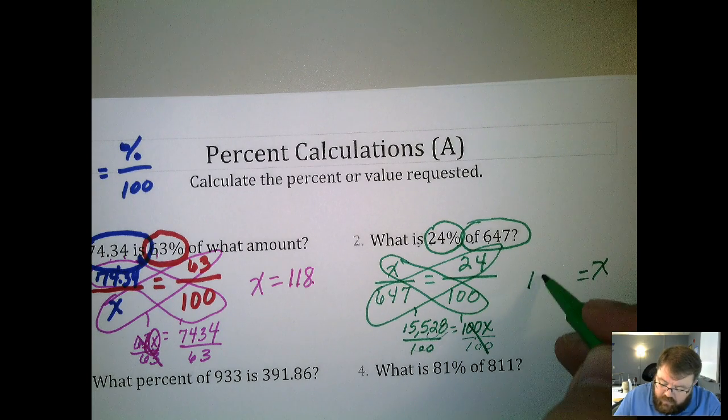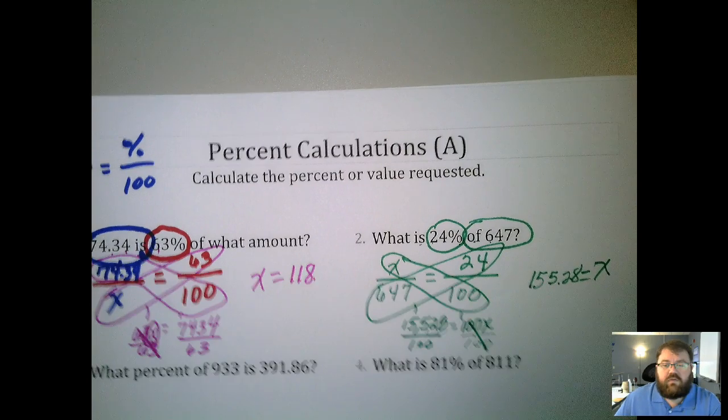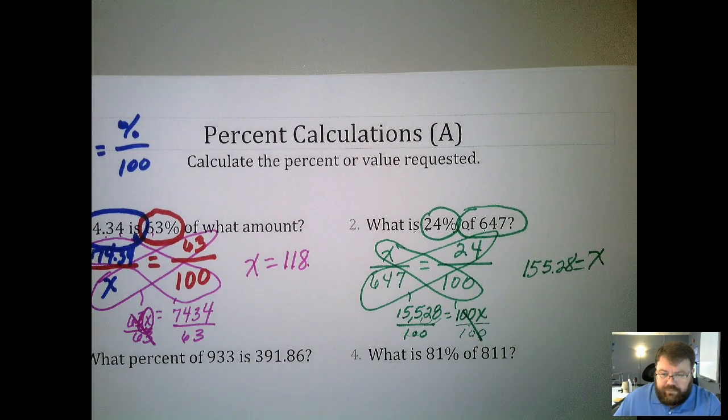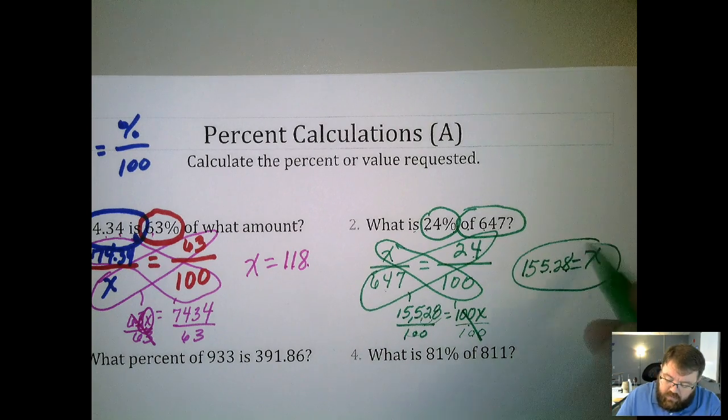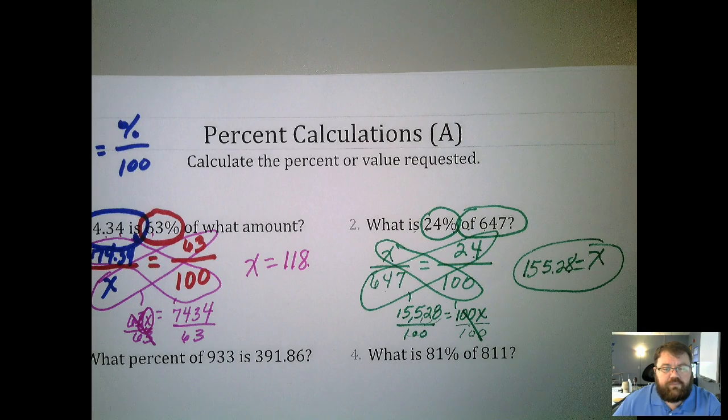So that's 155 and 28 hundredths. Now, what does this mean? This means that 155 and 28 hundredths is 24% of 687. So this is my answer for this particular problem.